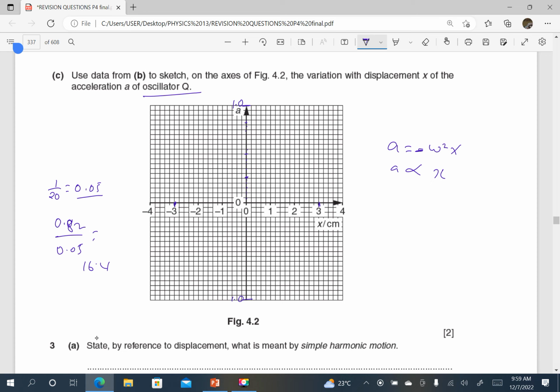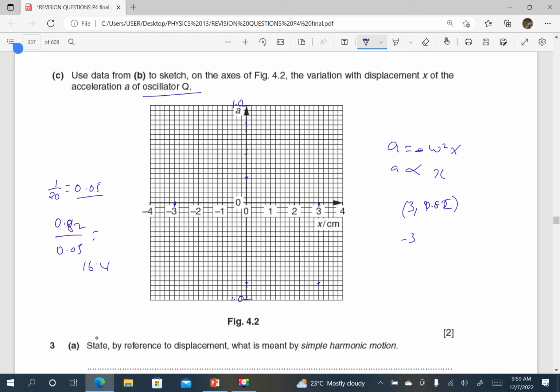In the center there. So I will move 1, 2, 3. It is almost there. This is the point I'm going to plot. I'm going to plot 3 and 0.82.